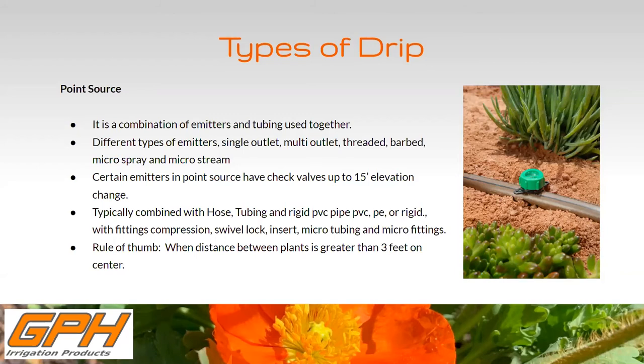Typically when you see point source, it's combined with the tubing, the pipe. It could be rigid, it could be PVC, it could be flex PVC. There's a lot of different variations to go with it, and I'll show you those in a little bit. But it's very unique and very diverse. And the rule of thumb I've always been taught is when the distance between plants is greater than 3 feet on center, you're using point source.